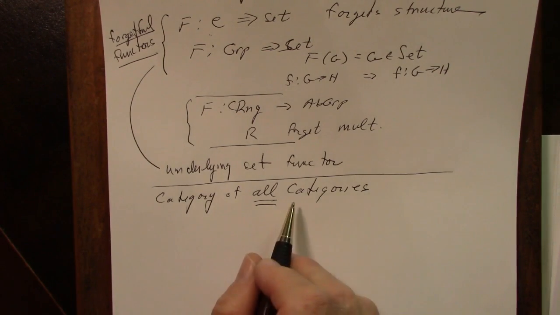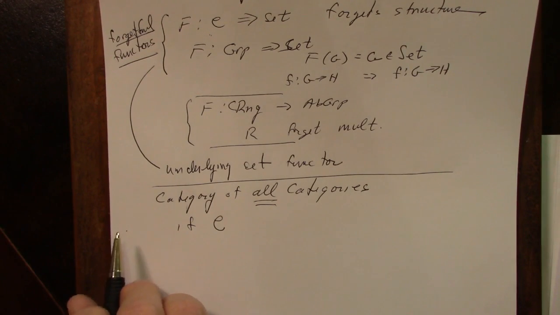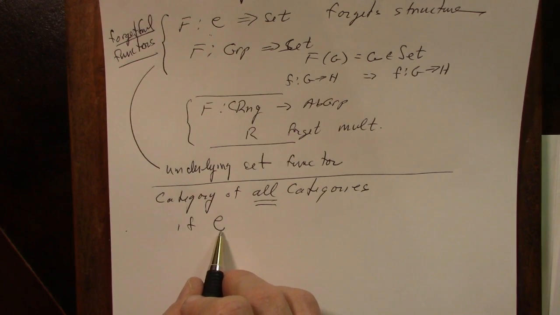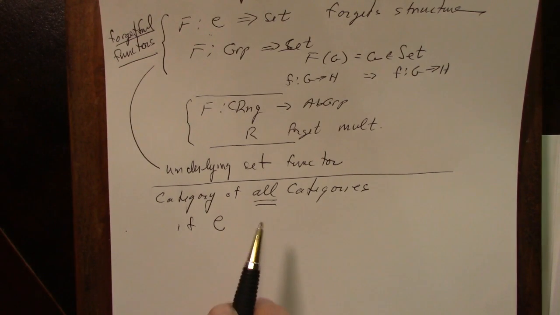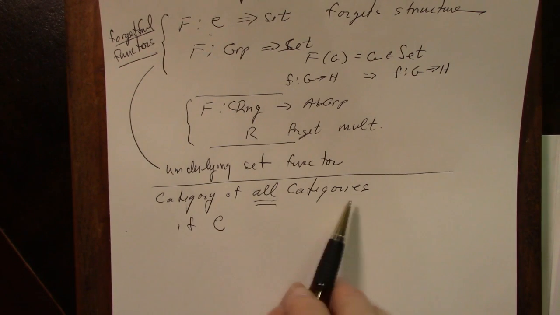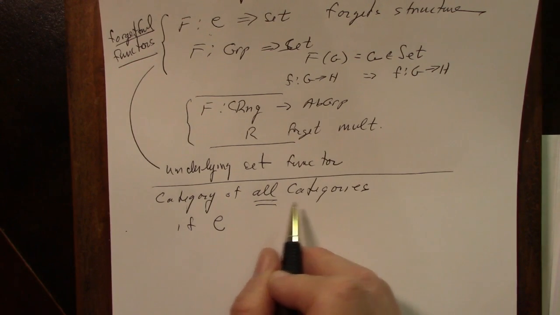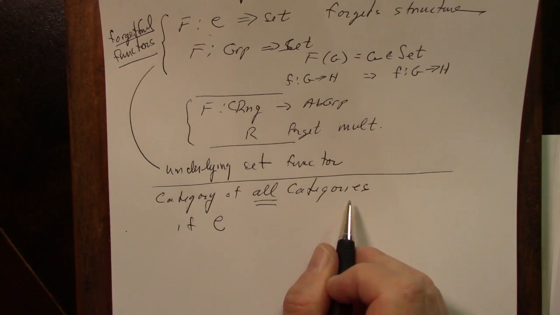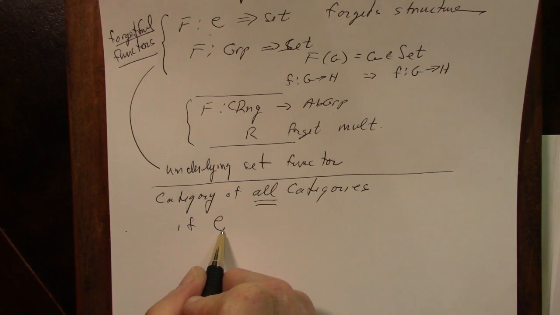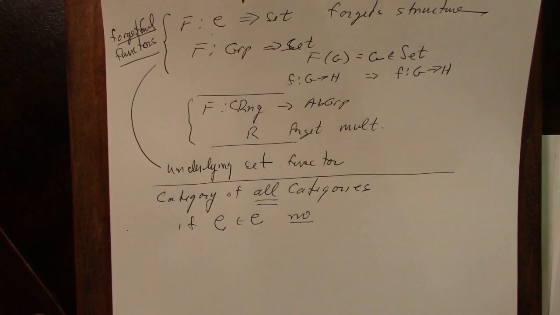If this was a category, call it C, then it would have to belong. Well, there's two issues here that are possible. First of all, the category of all categories, if it's going to be anything, the collection of all categories has got to be a class. It's too big to be a set. So if this is a class, then C itself, being a category, will belong to itself, which is not permitted for classes.